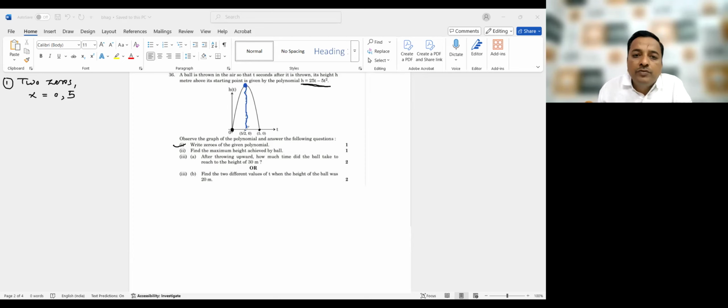The coordinates of this one are 5/2 for x. X coordinate is 5/2 and y coordinate is 0.